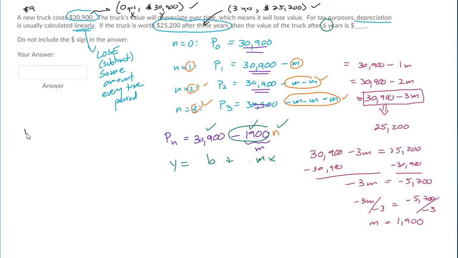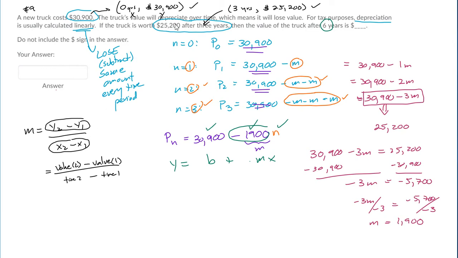So I know my slope is equal to change in the y, change in the output, over change in the input. Now, if you want to be fancy, you could call this the value of the truck at the second time point minus the value of the truck at the first time point, divided by time 2 take away time 1. We usually just remember this as change in the output over change in the input.